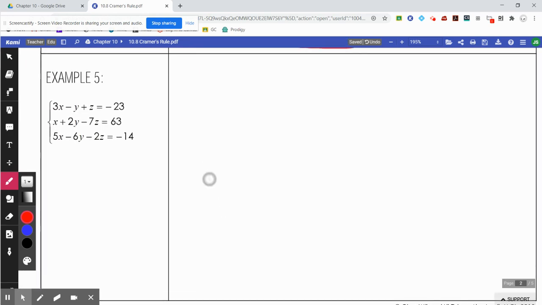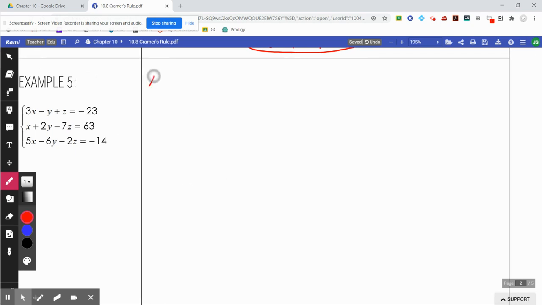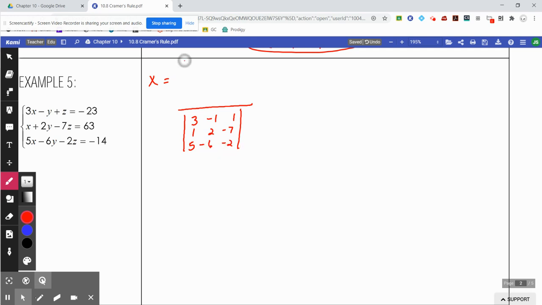Example number 5. To find your x value, I'm going to go ahead and do the bottom. The bottom is going to be the determinant of your coefficient matrix, which is 3, negative 1, positive 1, 1, 2, and negative 7, 5, negative 6, and negative 2.